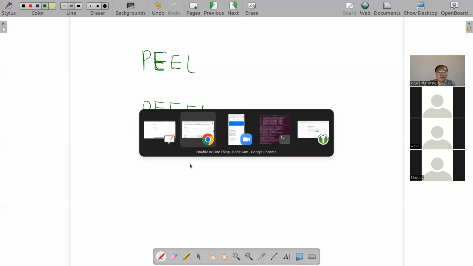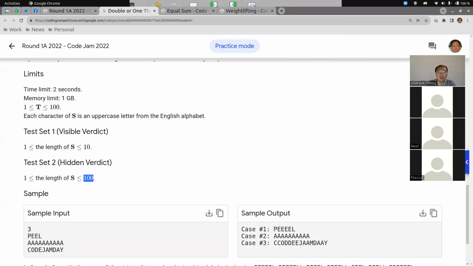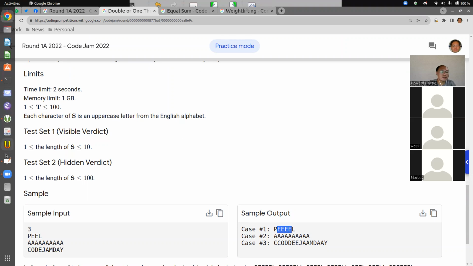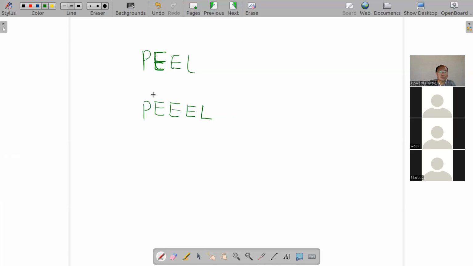Let me just check. For this PEEL, no. It's 4 E's. Okay, so it turns out that it's better to double both E's.